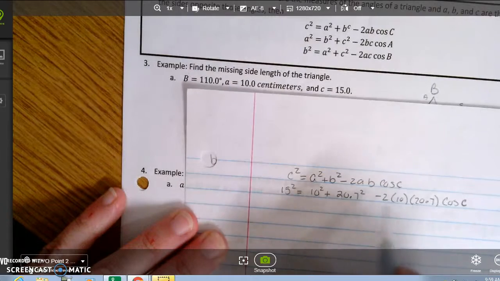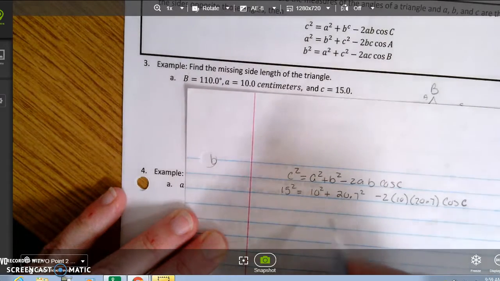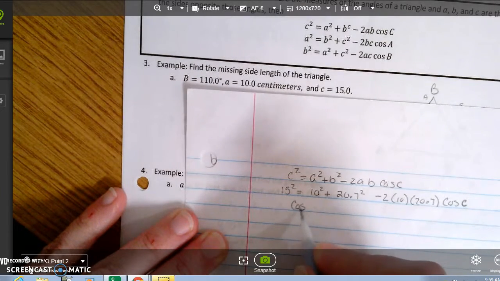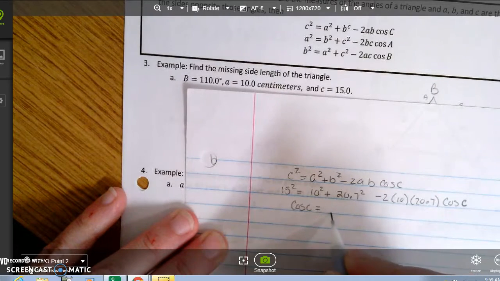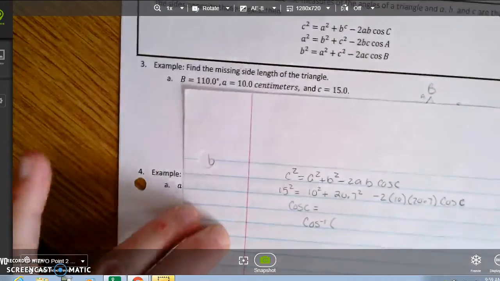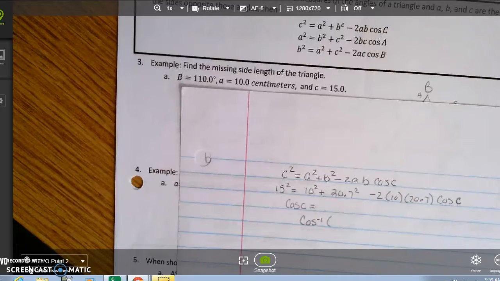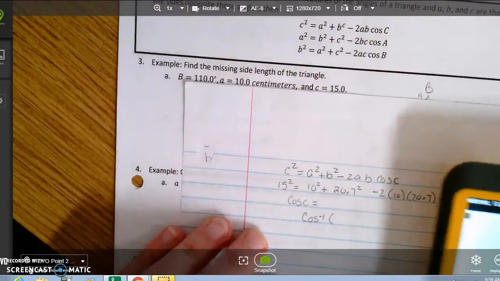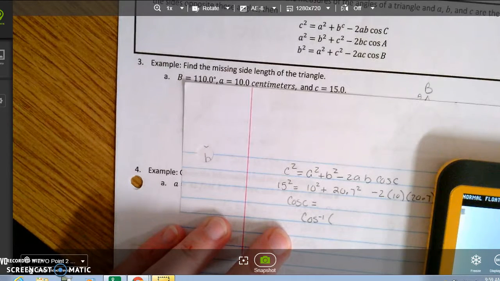So if I do this math, what I'm going to end up with is cosine C equals a value, and then to find the final answer, I'll do cosine inverse of whatever I get. So in my calculator, I'm going to do 15 squared minus 10 squared minus 20.7 squared.